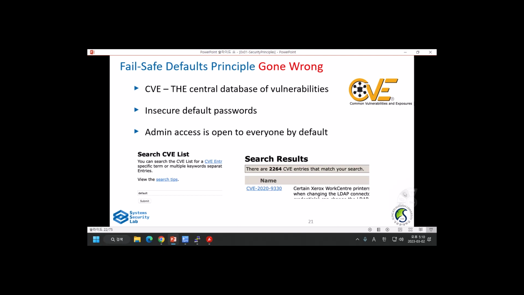So every vulnerability has a code name, a unique identifier, and this is the very purpose of the database. You can look up any vulnerabilities that we found so far, and you can look at their description, and sometimes they even have the proof of concept code.